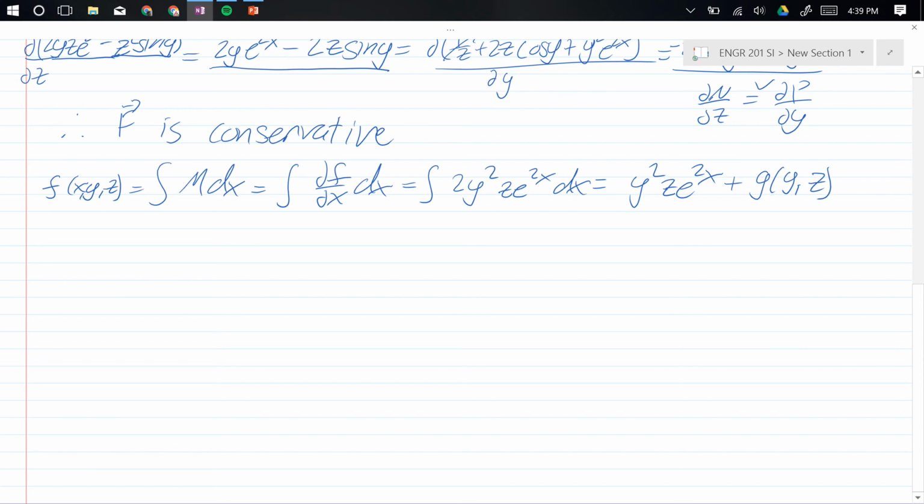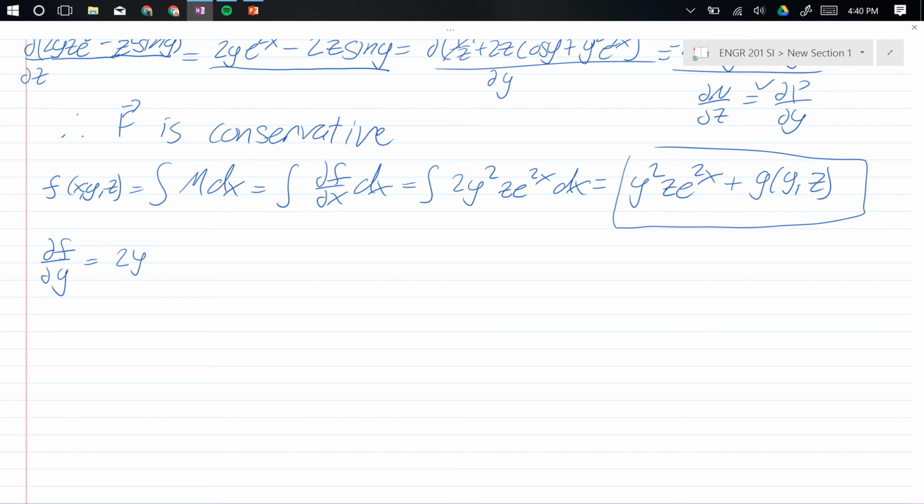If we found this, we have a part of our f of x, y, z function, but we're missing the g(y, z). So in order to find g(y, z), we take the partial of f of what we just found. Sorry, not the partial with respect to x, the partial with respect to y of what we just found here.